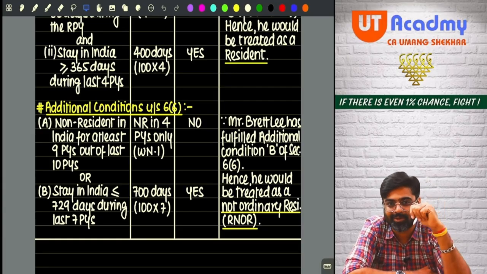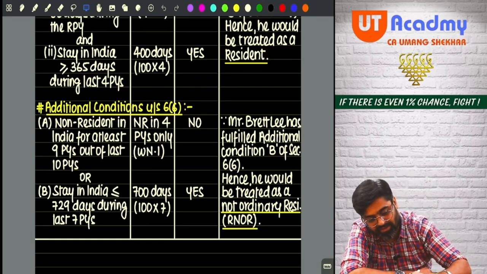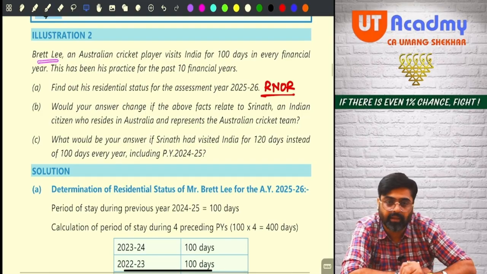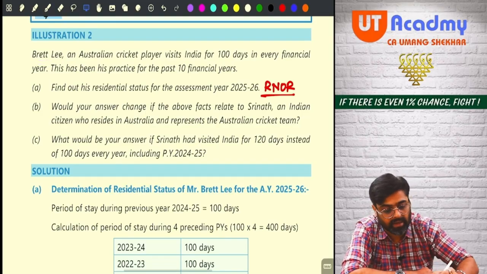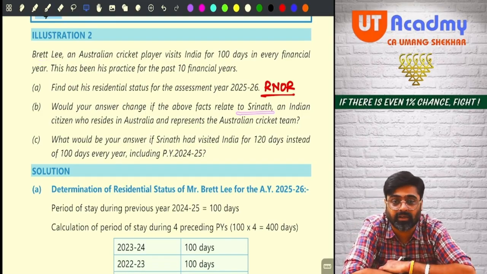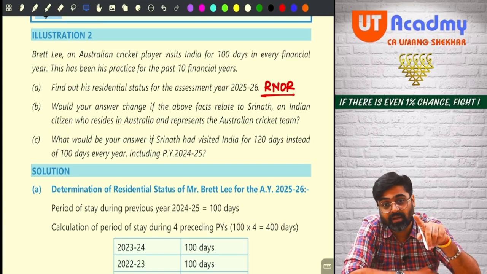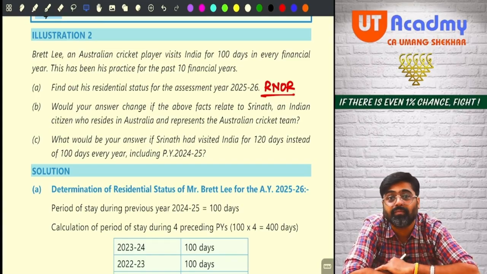I will tell you one more thing. Now, in this question, they are saying that instead of Bradley, the person coming to India was an Indian citizen, Srinath. Would your answer change if instead of Bradley, the person coming to India was Srinath, who is an Indian citizen?